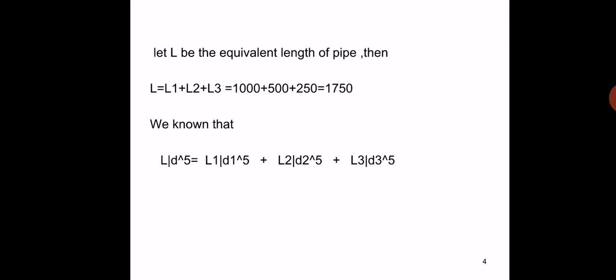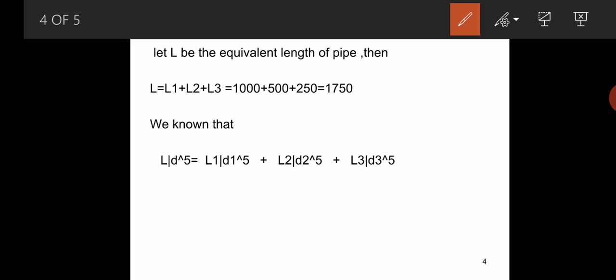Here L is the equivalent length of the pipe, and L1, L2, L3 are for the compound pipes. So from that concept, L is equal to L1 plus L2 plus L3. The sum of the three lengths becomes 750 meters. The equivalent length of the pipe becomes 750 meters.